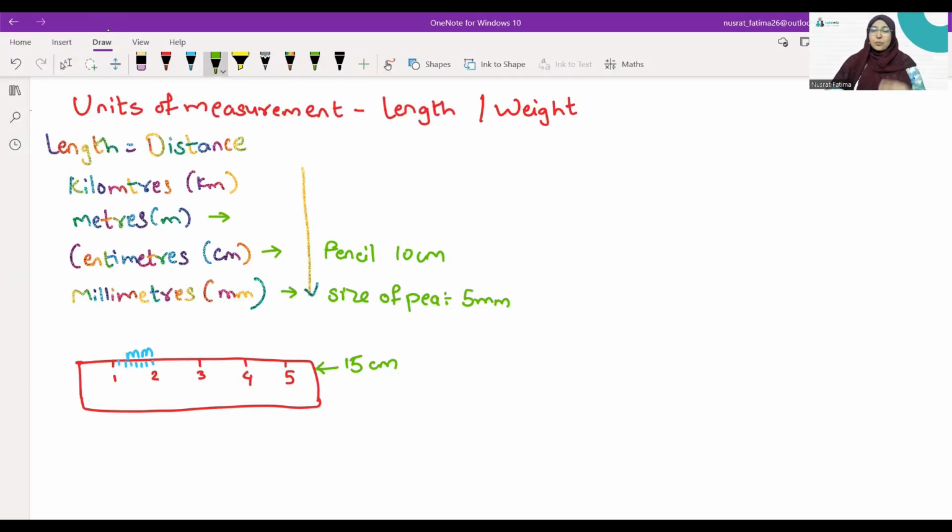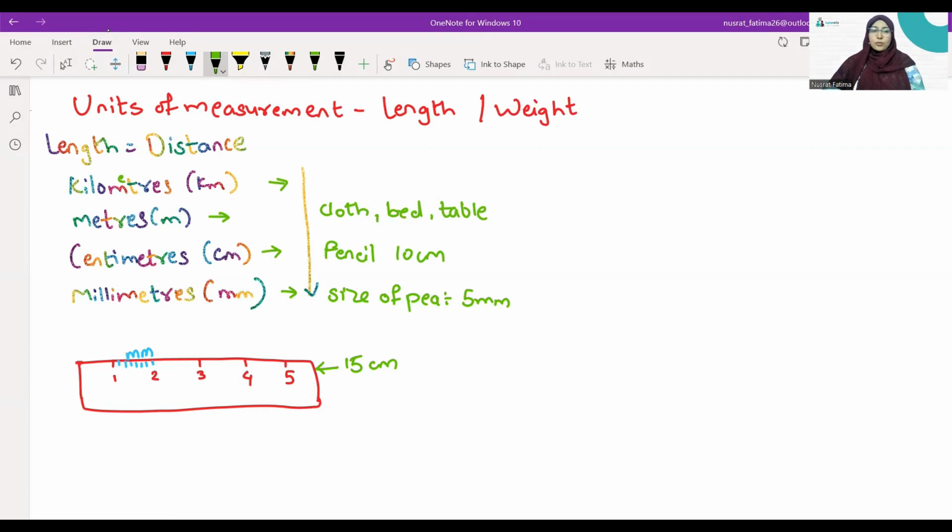Then meter is bigger than centimeter. You use meters to measure cloth, the length of your bed, the length of your table, and many more. And kilometers is more than meters.